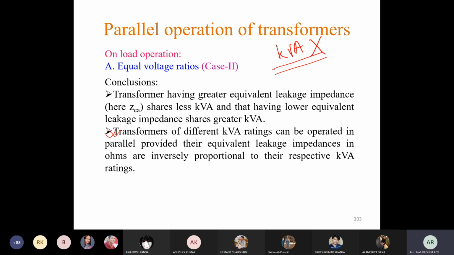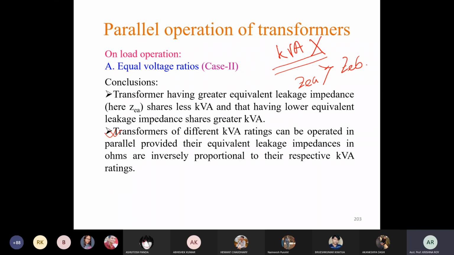Is it clear? Yes, sir. Suppose ZEA is greater than ZEB, but their X by R ratio is the same, which means the power factor angle is the same.